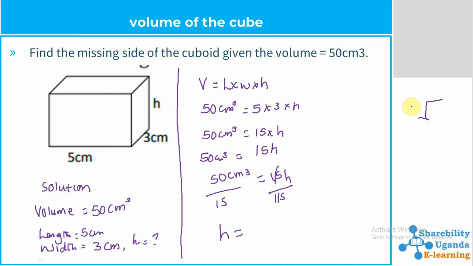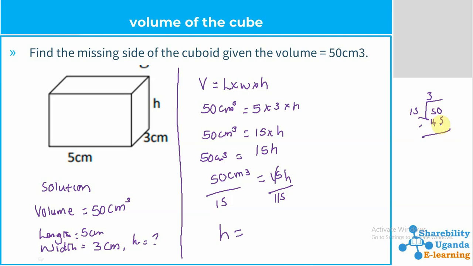We have 15 here and 50 here, and we want to divide. If we try 2 times 15 we get 30, and we still have a lot left. So we try 3: 3 times 15 is 45.